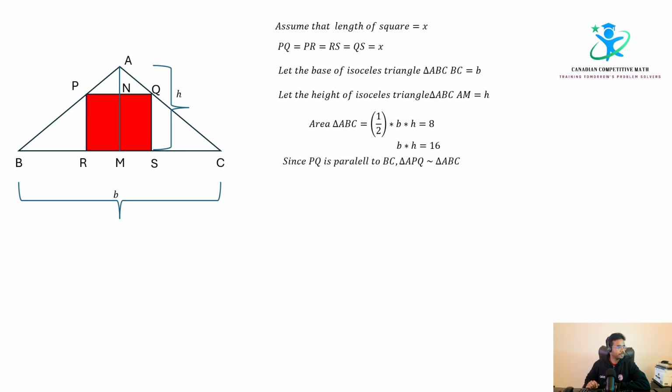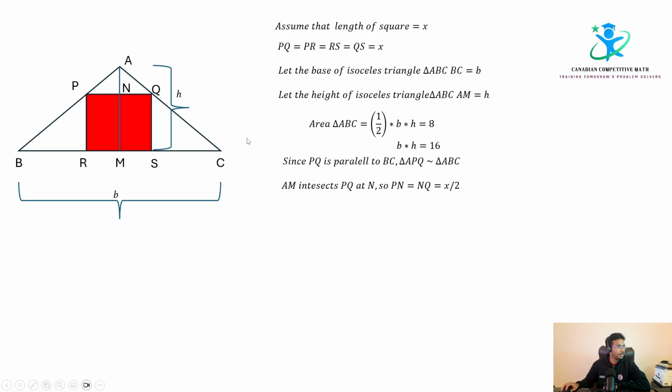Next, PQRS is a square, meaning the side PQ is parallel to RS and RS is on BC. So the line PQ is parallel to line BC. From this we can derive that triangle ABC is similar to triangle APQ, meaning the ratio of their sides will be the same.